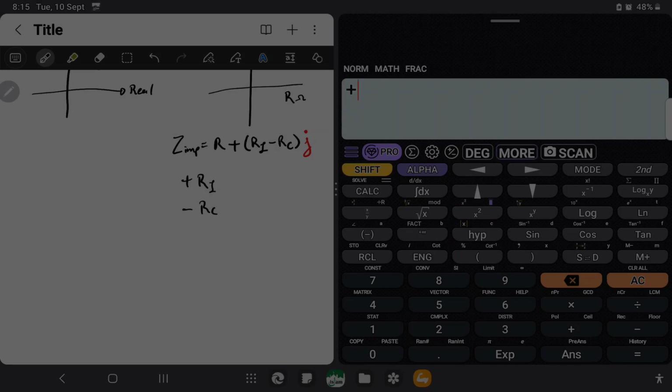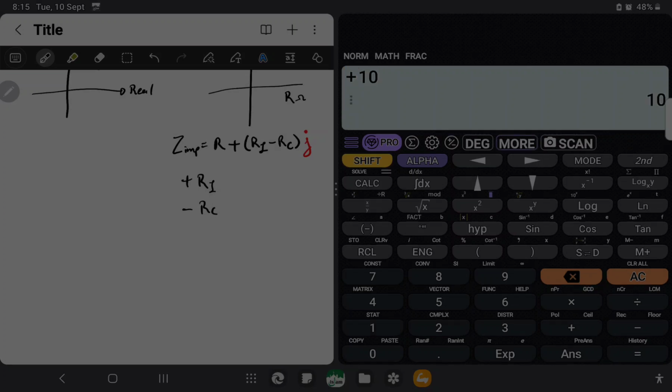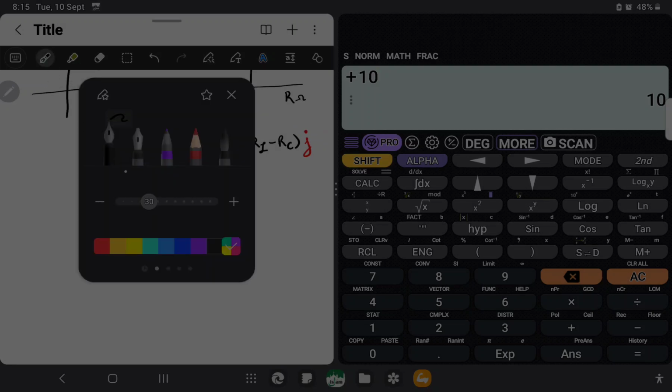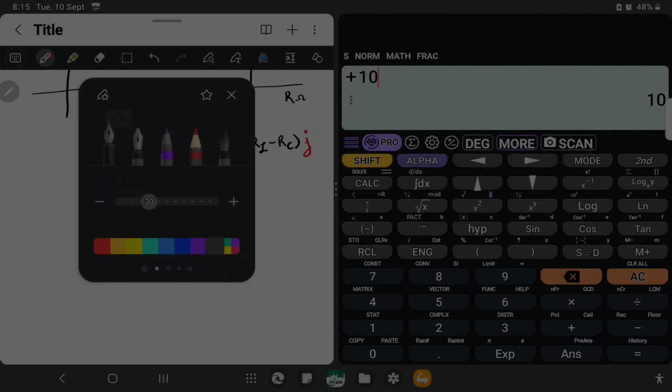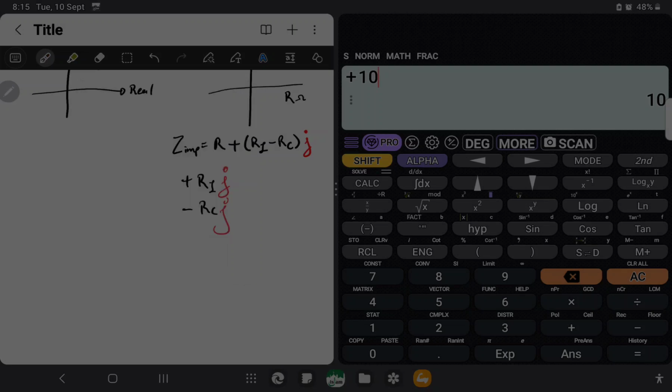So let's say positive 10. Shift. Don't forget about your imaginary, right? So we got imaginary J. Don't forget that imaginary. And then coming back to the calculator, we have 10, shift, imaginary, right?